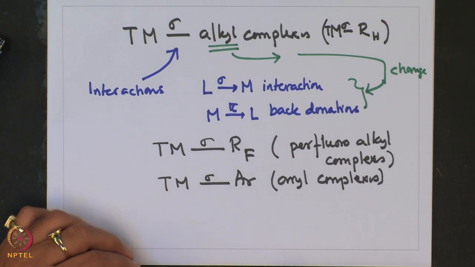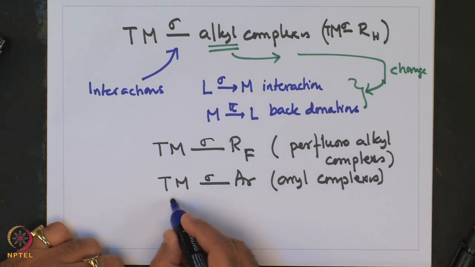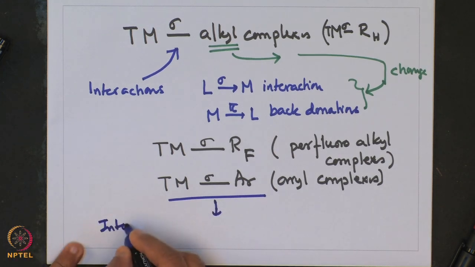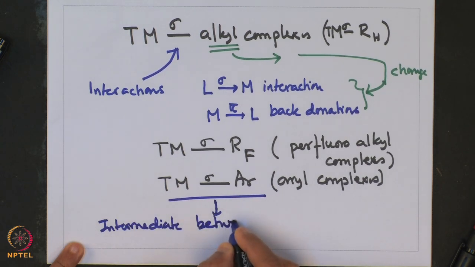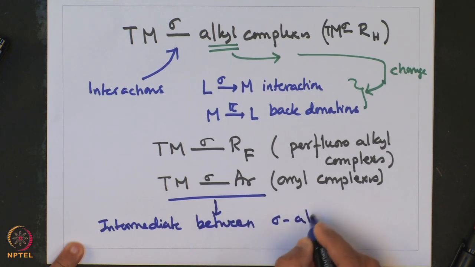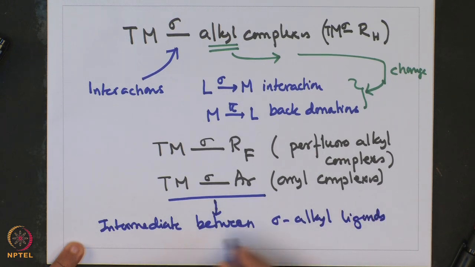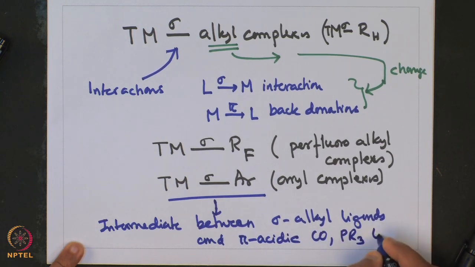Now, with that in mind, we have also discussed that these transition metal sigma aryl complexes are intermediate between sigma alkyl ligands and pi acidic ligands like CO and PR3. Now, what does this mean?